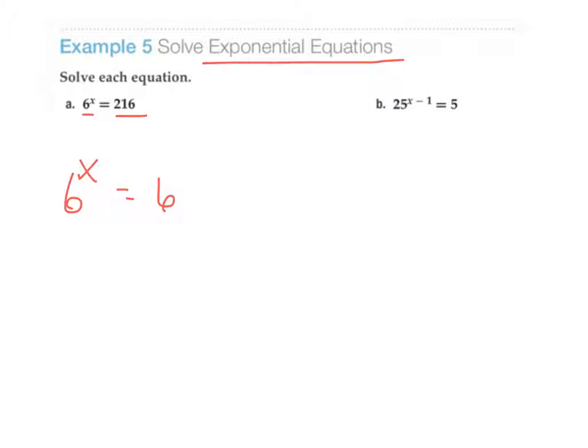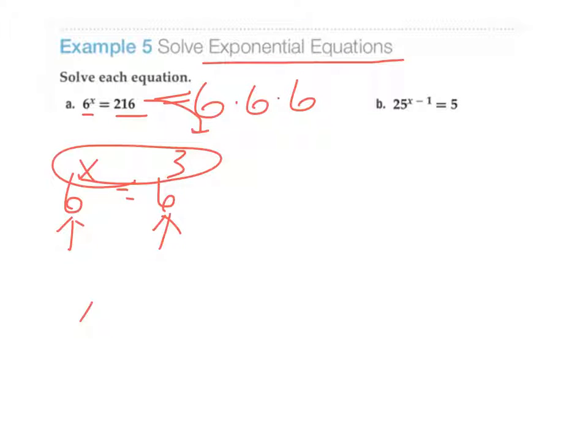So this is 6 cubed. So all we do is rewrite 216 as 6 cubed. Once the bases are the same, we make an equation with the exponents. So x equals 3. And so we've solved an exponent equation.